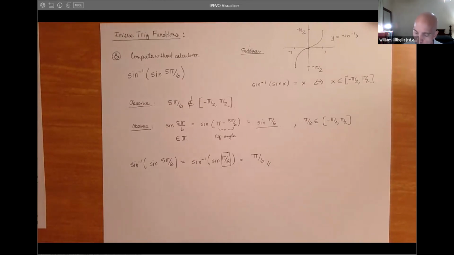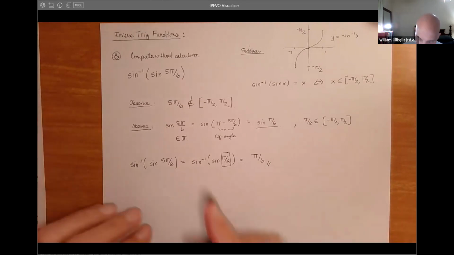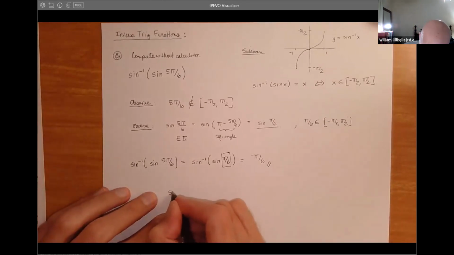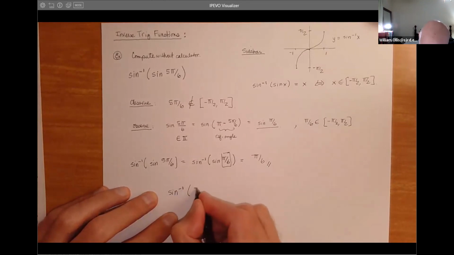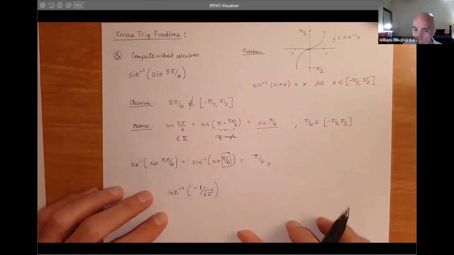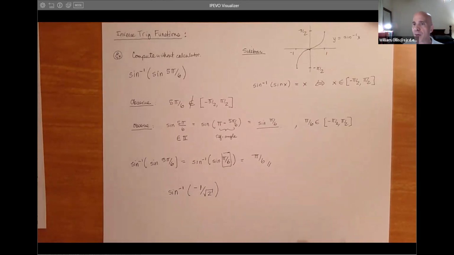Now for a simpler type of example, say you were working a problem and you had inverse sine of -1 over the square root of 2, and this was part of it. You're thinking, okay, we proved in class the inverse sine is odd, so we're going to use that.